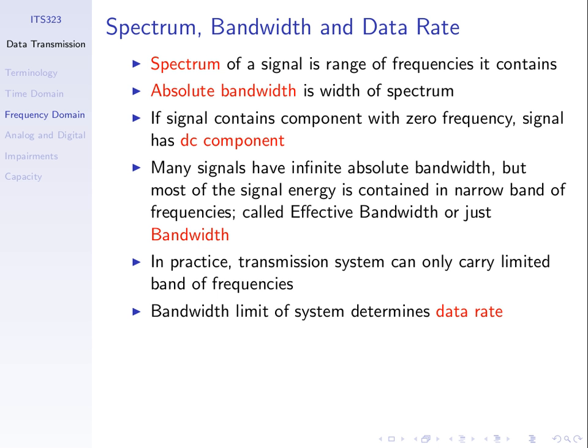The spectrum of a signal is the range of frequencies it contains. So the spectrum of S1, actually we have the answer over here, it only contains one frequency component, simply 100 hertz.